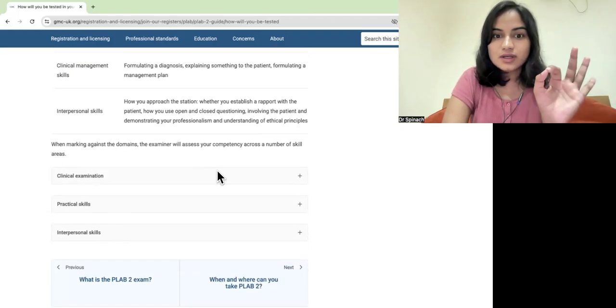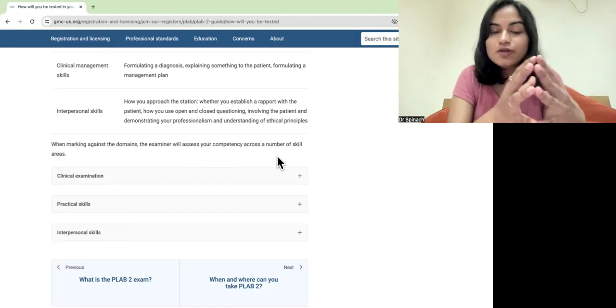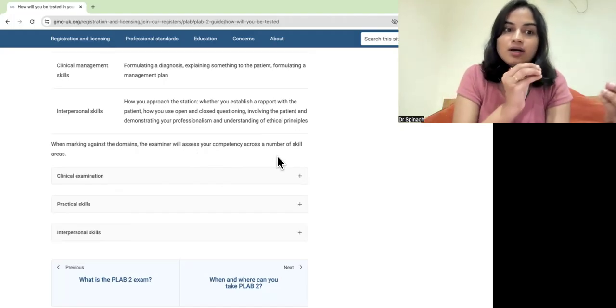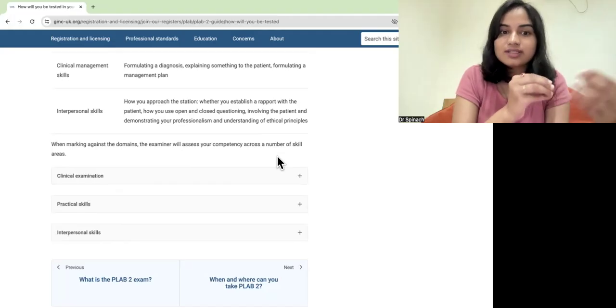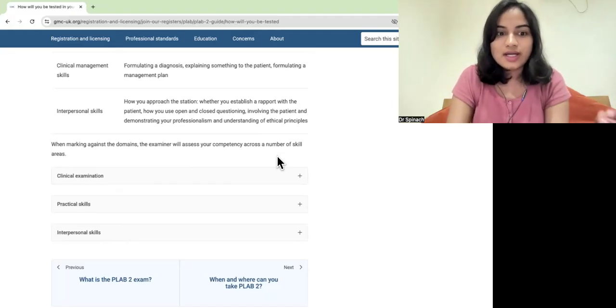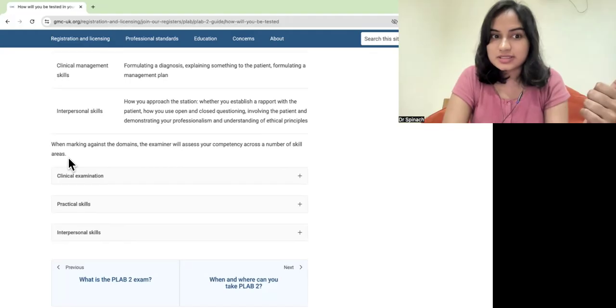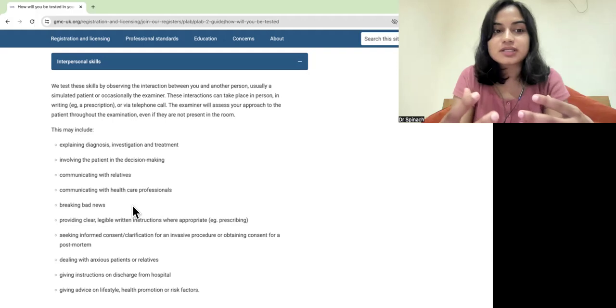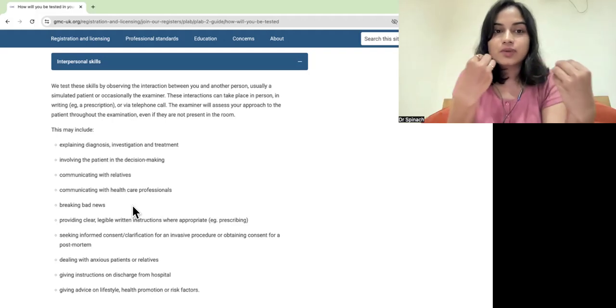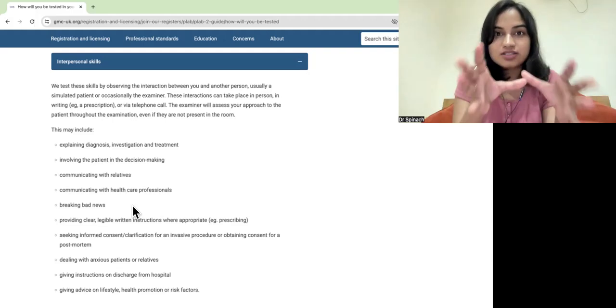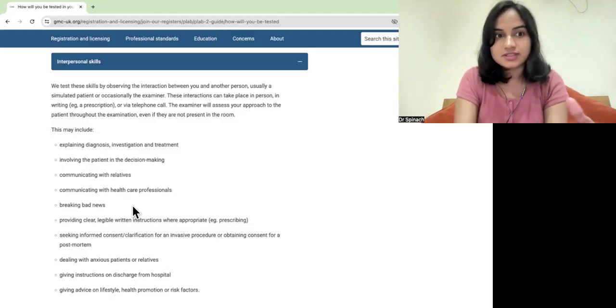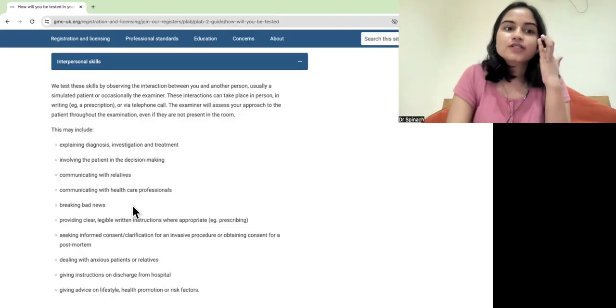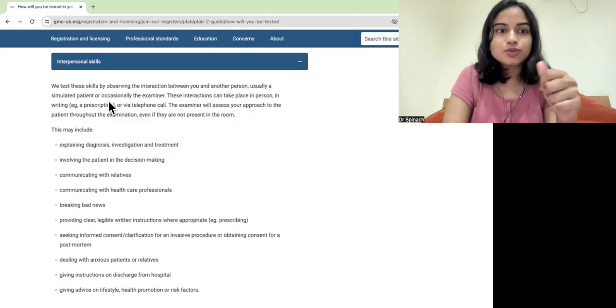But let us go into a little more detail on these. There are a number of skill areas that the examiner assesses you on. Let's start with the interpersonal skills part because we are already discussing that. I'll just read it through.